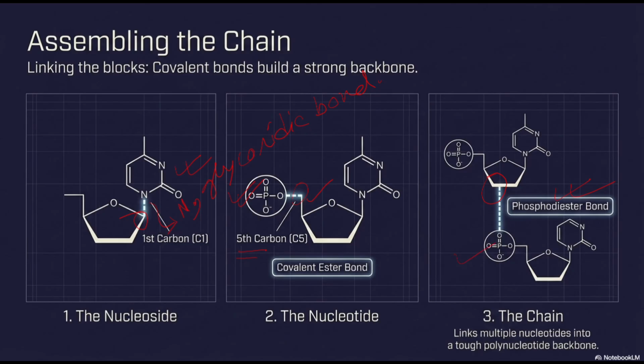Basically, this phosphate group is joining two pentose sugars, and that's why it is called the phosphodiester bond, which is a very important bond in the DNA structure because it is making the sugar phosphate backbone of the DNA. And when this pentose sugar and nitrogen base join with the N-glycosidic bond, they make the nucleoside. And when the phosphate group is added to the nucleoside by forming the ester bond, they make the nucleotide.